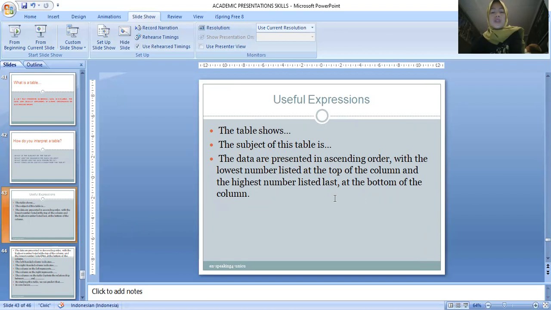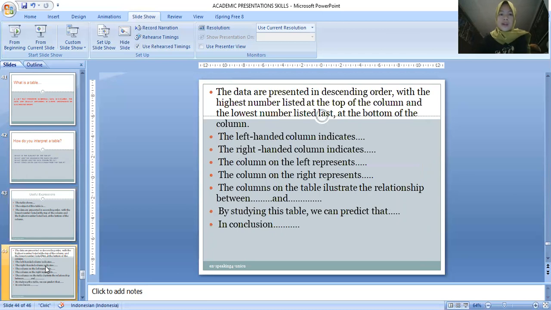And then here are the useful expressions. The table shows... The subject of this table is... The data are presented in ascending order. Ascending order is the lowest number listed at the top of the column and the highest number listed last at the bottom of the column. So ascending order starts from lowest to highest, while descending order is the highest number listed at the top and the lowest number listed last at the bottom of the column.